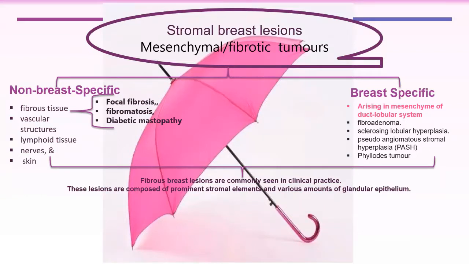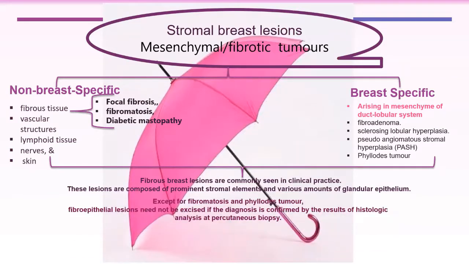As we mentioned, they are usually stromal with various amounts of glandular or epithelial component, and with the exceptions of phylloides tumor and fibromatosis, they do not need to be surgically excised when diagnosed by histopathology.